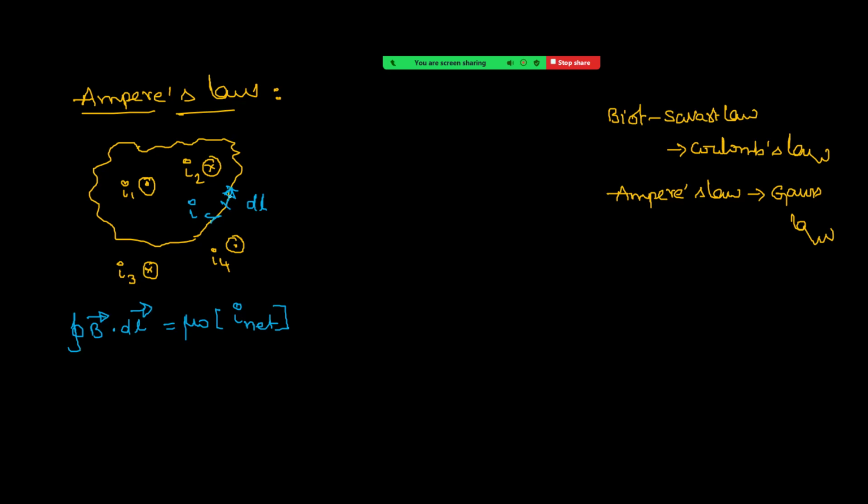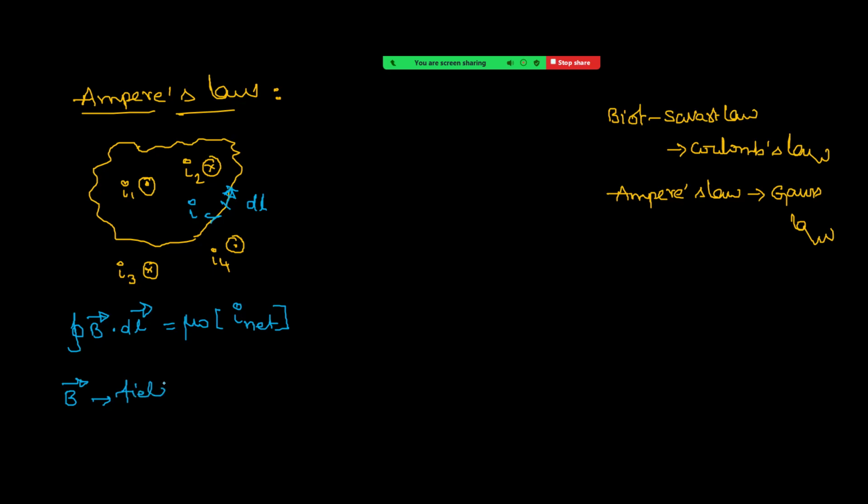Okay. Now at this point, the net magnetic field is B bar. So B bar stands for the net magnetic field. That means the resultant of the magnetic field due to all currents I1, I2, I3, I4. So B bar is the net magnetic field. I am writing here B bar.